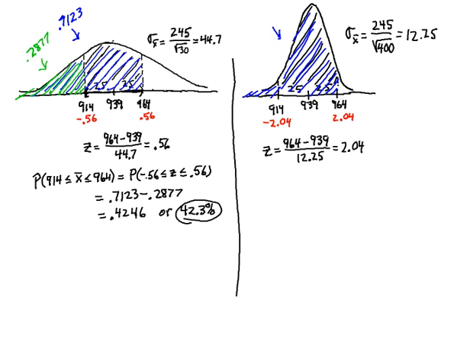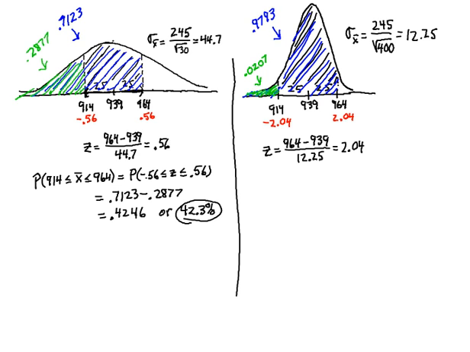And the table value for that area or that probability is 0.9793. And then looking up a negative 2.04, which I'm going to shade here in green, is 0.0207 probability.